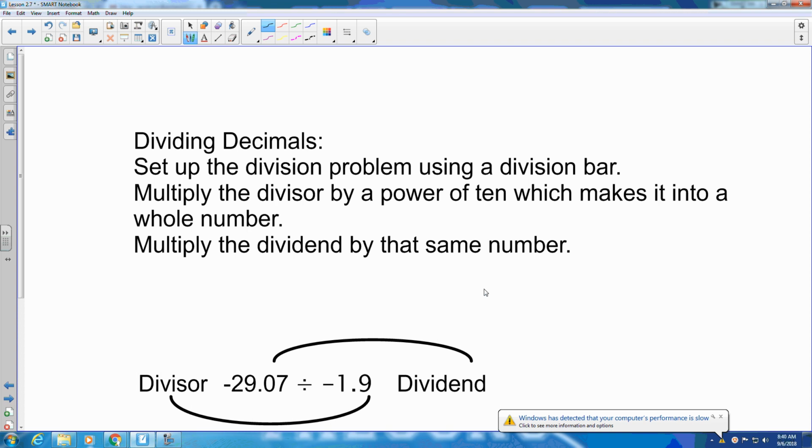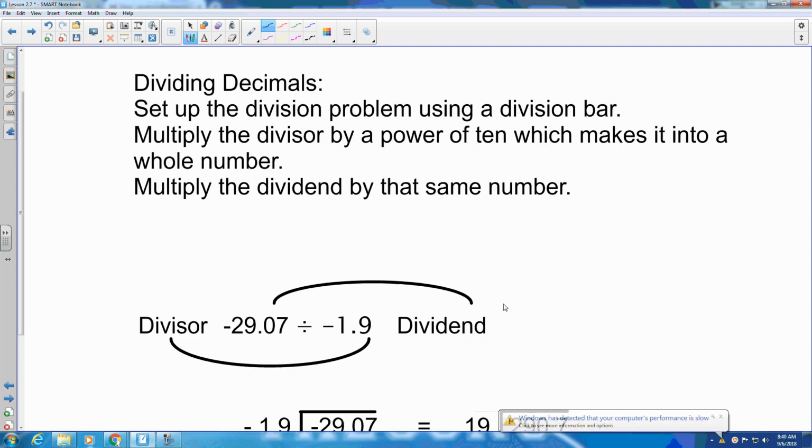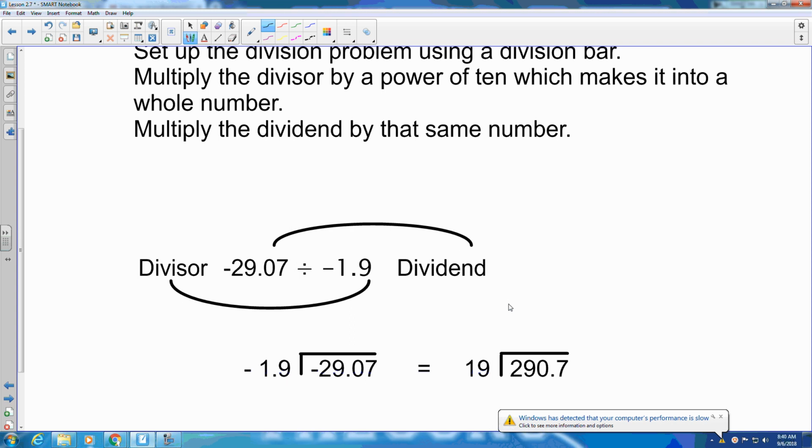So in this case here, you write this out. This is your divisor here. This is your dividend. That means that the negative 29.07 goes inside of the division bar, and the negative 1.9 goes on the outside.